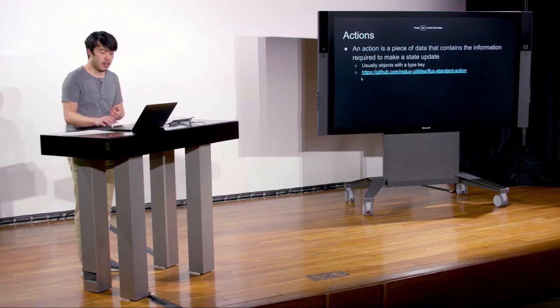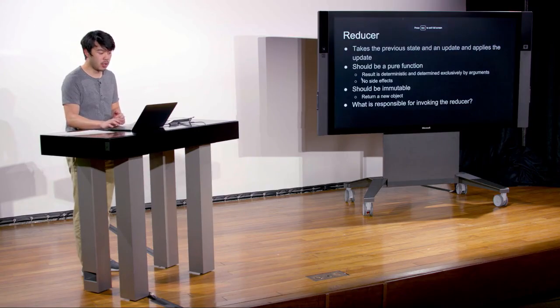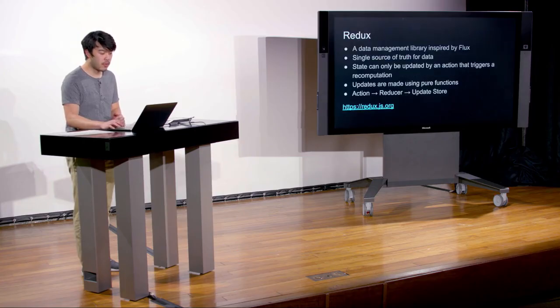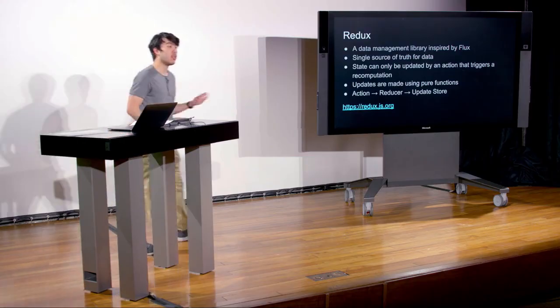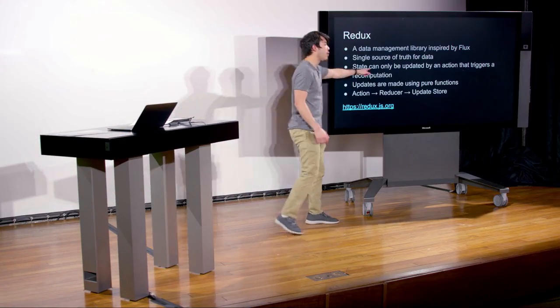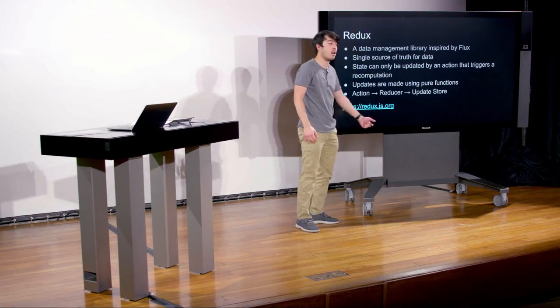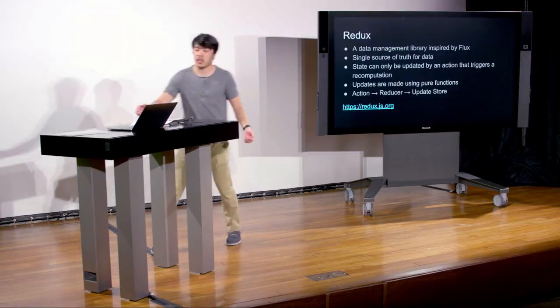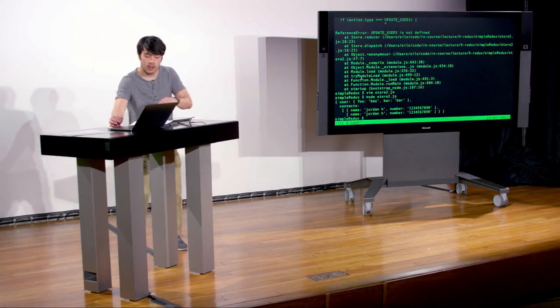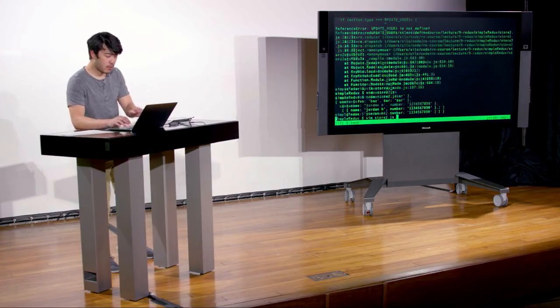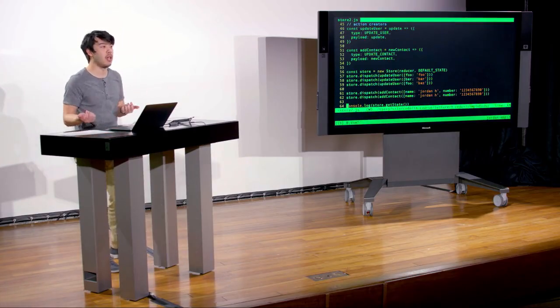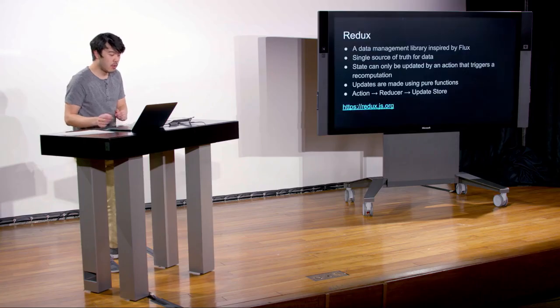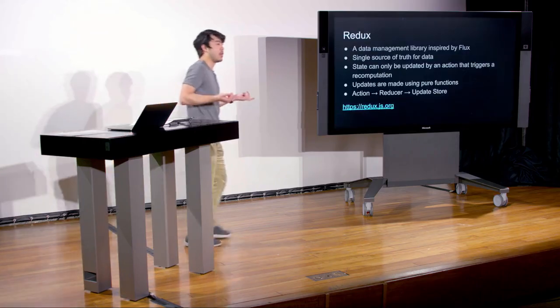We've implemented most of what is core to Redux. There's a single source of truth for our data. It's in our store. The state can only be updated by actions. So remember, we're dispatching actions down there, and there's really no other way to update. And how are we doing the update ourselves?